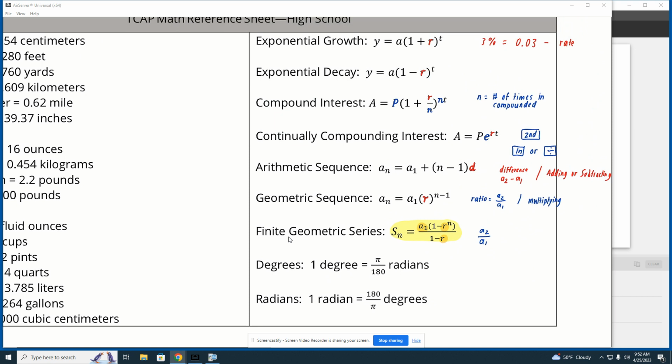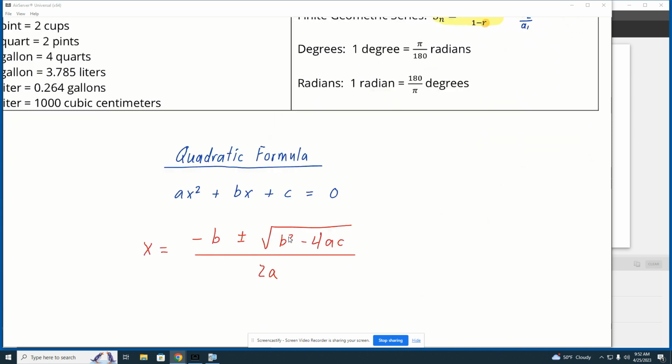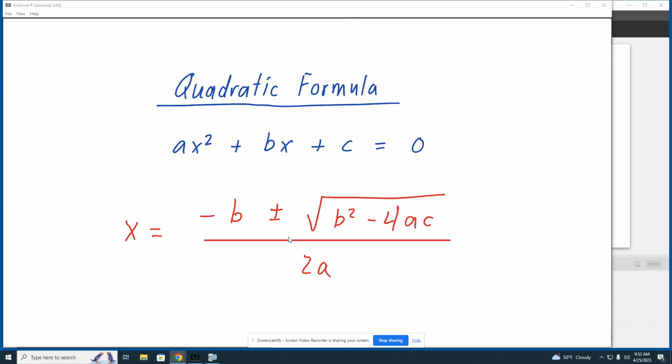Now, the stuff that I would love for it to be on the reference sheet. The one thing that I would love absolutely for you guys to memorize, and then one thing that I would love for you guys to remember. Okay, here's the one thing I would love for you to memorize. The quadratic formula.